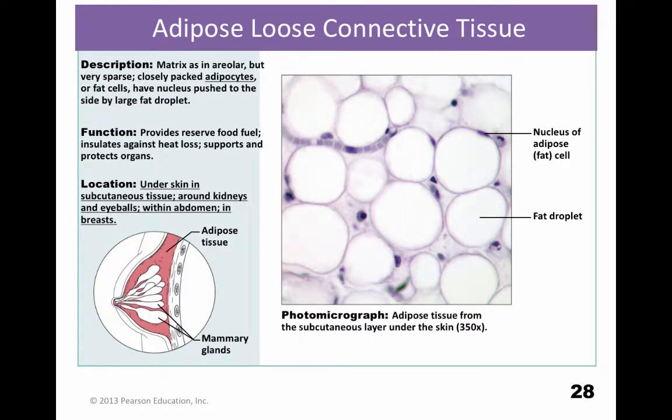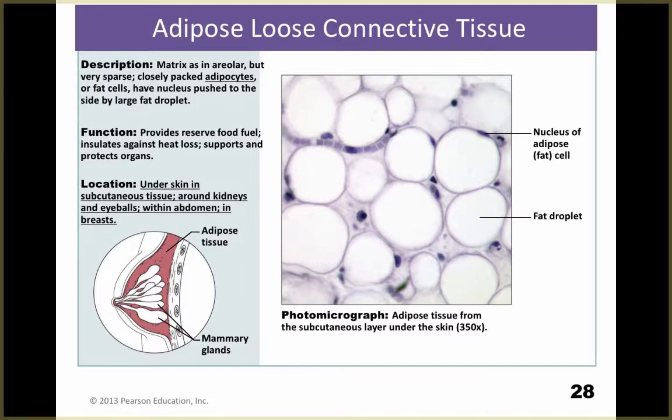Adipose loose connective tissue. Adipose is fat. And so you can see these are the cells themselves, and then it has fat within it, right? So these fat cells are essentially known as adipocytes, right? And you can see that here.